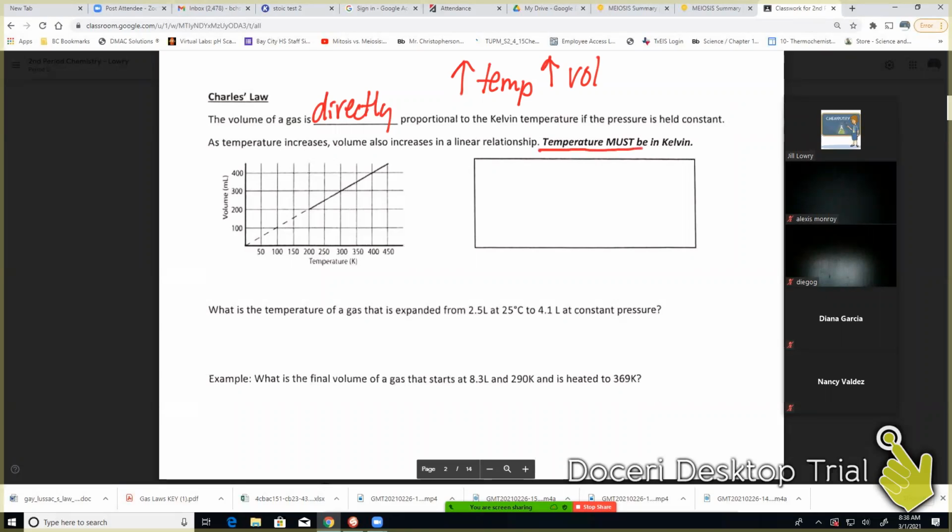Remember, on all these gas laws, your temperature has to be in Kelvin. So if you're given one, and we'll look at it in a minute, if it's in degrees Celsius, I have to add 273 to it before I can put it in my formula.